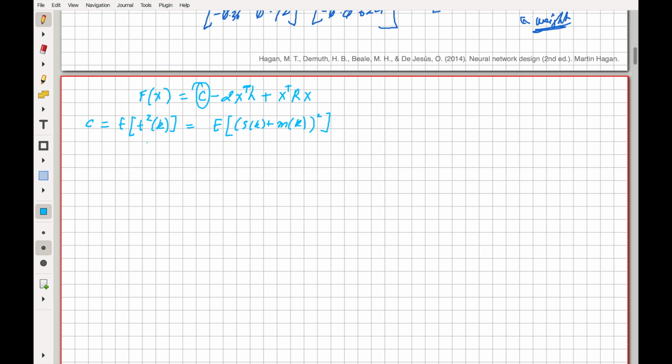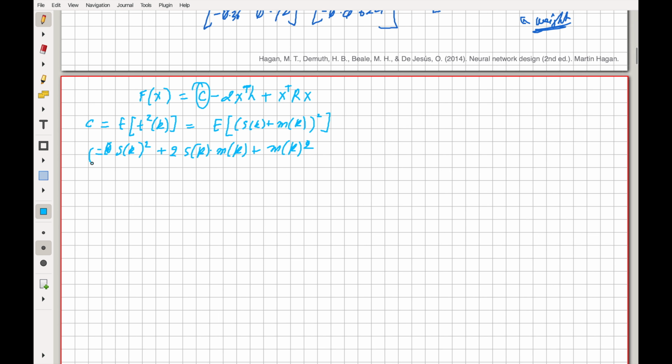Now what we do is expand this. If we expand this, we get sk squared plus 2 sk mk plus mk squared, and I forgot the expected value, so we have to write it.